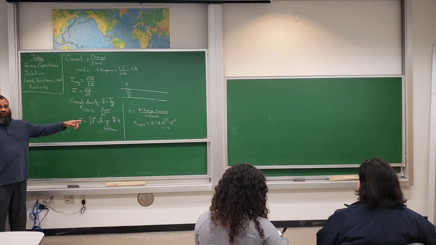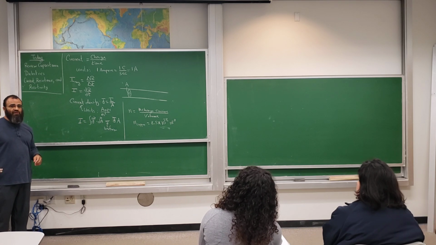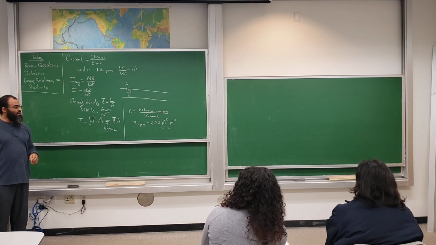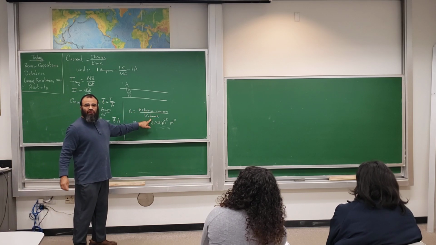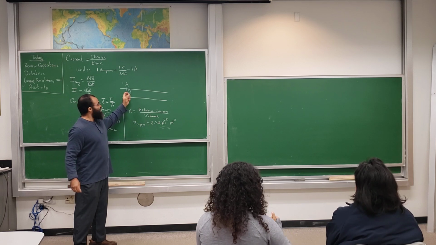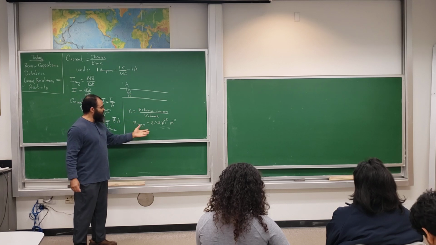So this is the number of carriers per unit of volume. Sorry, what is N? The number of charge carriers per unit of volume. It's the number density. So maybe I have the number of sodium ions per cubic meter, which would be some large number.